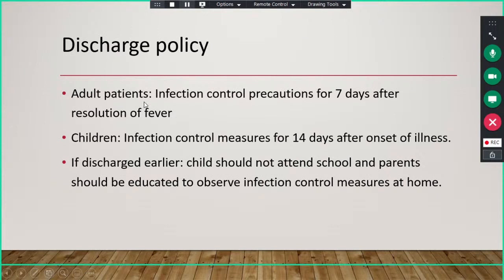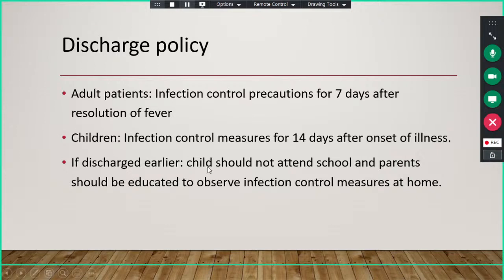And when to discharge? Once a child or adult patient has been admitted because of moderate to severe or critical illness, adult patients need infection control precautions for 7 days after resolution of fever. So at least 7 days you will keep them in isolation in hospital.